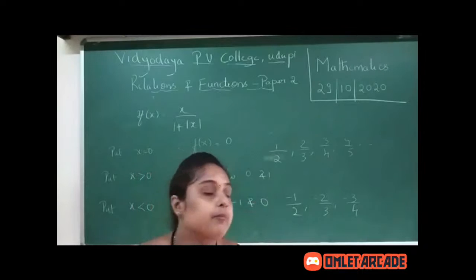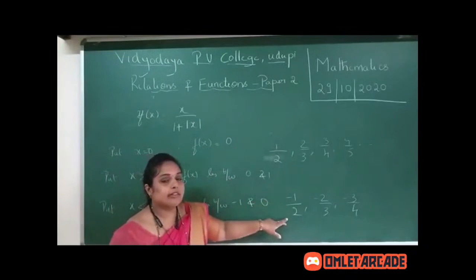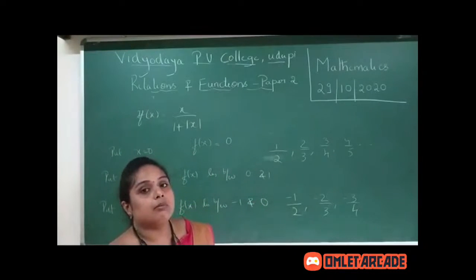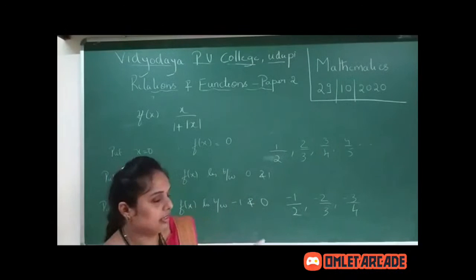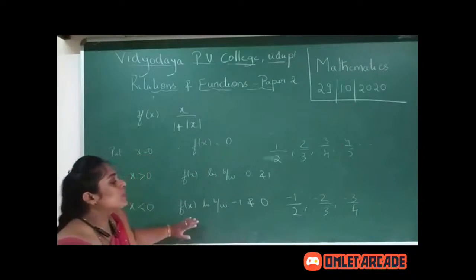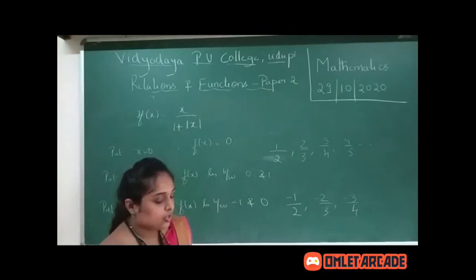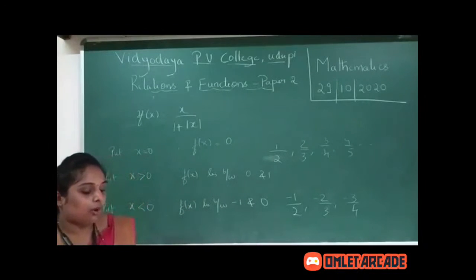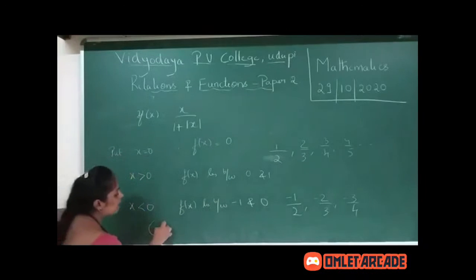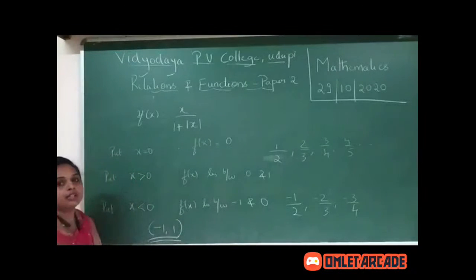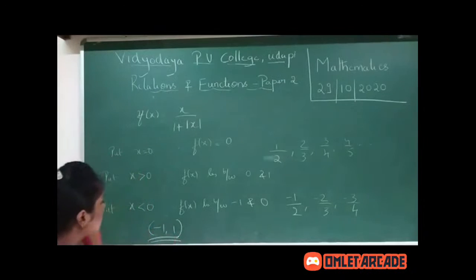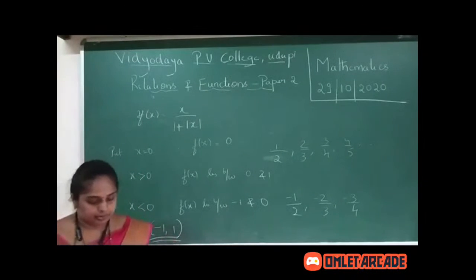And here also, minus 1 by 2, minus 2 by 3, in the same way, the value lies between minus 1 and 0, but it's never minus 1. So the option would be the open interval minus 1 to 1. The values are very close to minus 1 and plus 1, but we never get minus 1 and 1. And 0 is included, as 0 comes between minus 1 and 1.